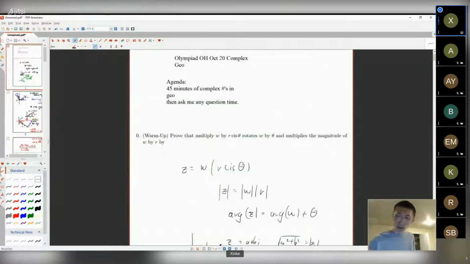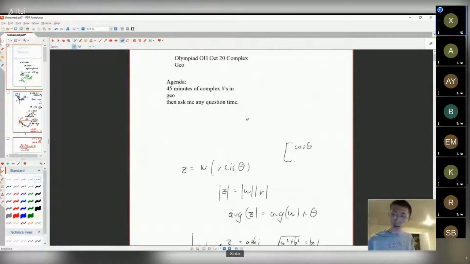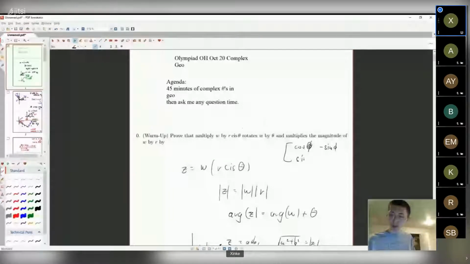You can define a linear transformation like cosine phi, negative sine phi, sine phi, cosine phi. So this is a rotation matrix. It'll rotate a vector in 2D by phi counterclockwise. It's kind of the same idea. I don't really see it as a distinct way, but it's a different notation.